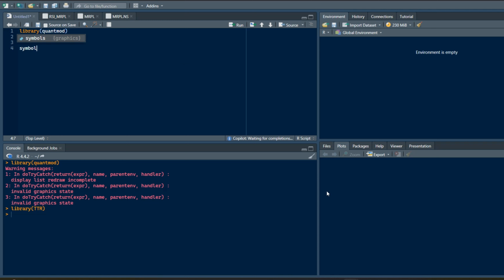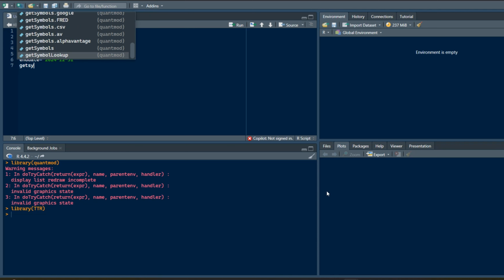So symbol equal to ICICI.NS. Then start date equal to 2024 January 1st. End date equal to 2024 December 31st.